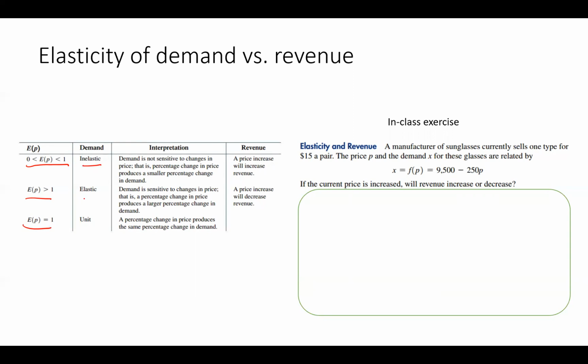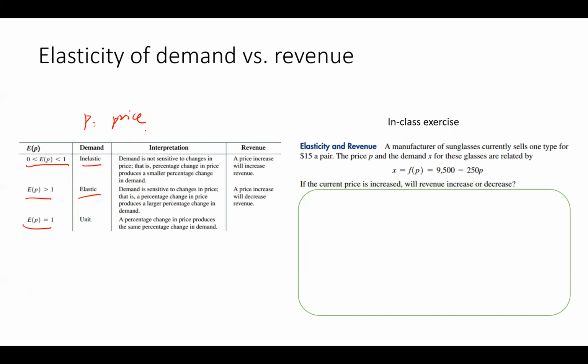And if it's bigger than 1, then it's elastic. P stands for the price. So if price changes slightly, what is the impact on the demand? And how does that change my demand in the products, right?